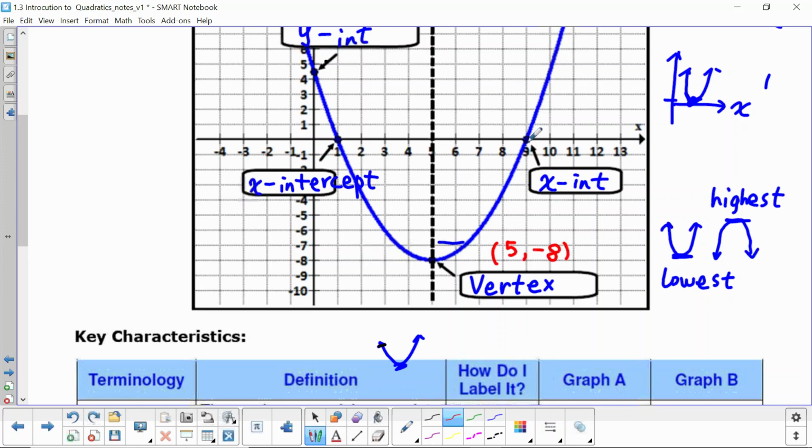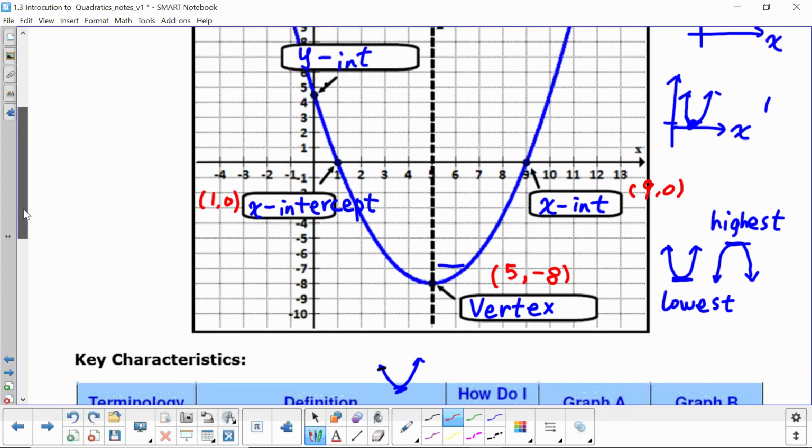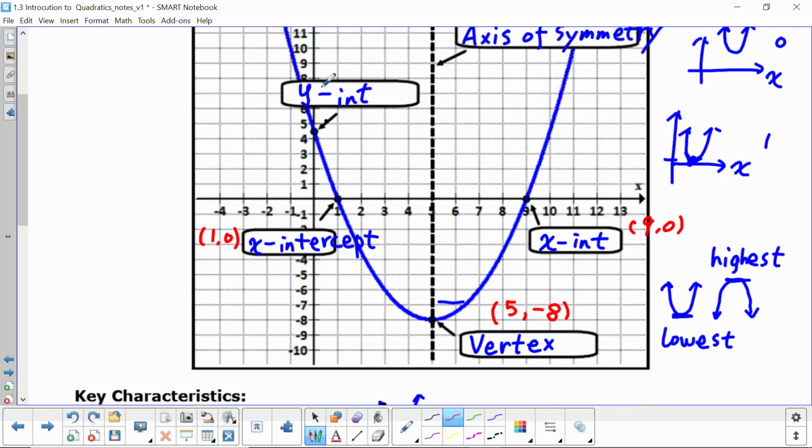And for the x-intercepts, this point is 9, comma, 0. And this point is 1, comma, 0. The y coordinates on the x-axis are zeros. And for the y-intercept, this point, we are going to write 0, comma, it is not exactly on 4 or 5.